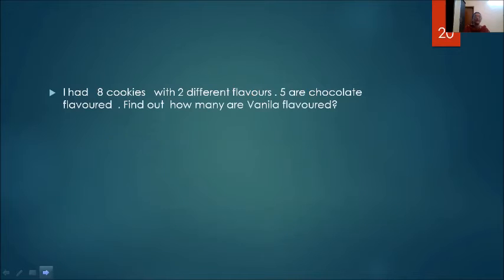So next is one more type of question. I had 8 cookies with 2 different flavors. 5 are chocolate flavored. Find out how many are vanilla flavored. So again 8 minus 5 is subtracted and then the answer is 3. Now here, if you analyze all the 3 situations, the first situation is just removal, where subtraction is taking place.